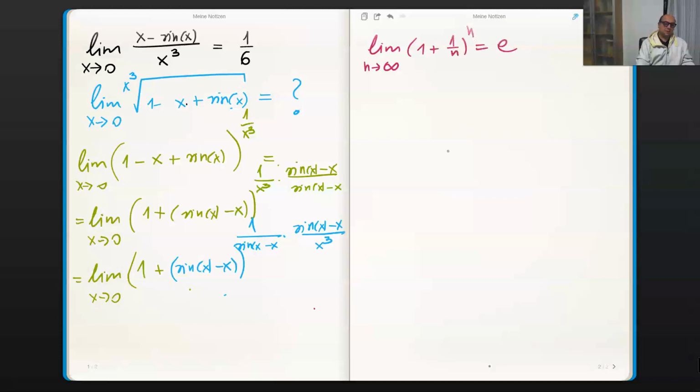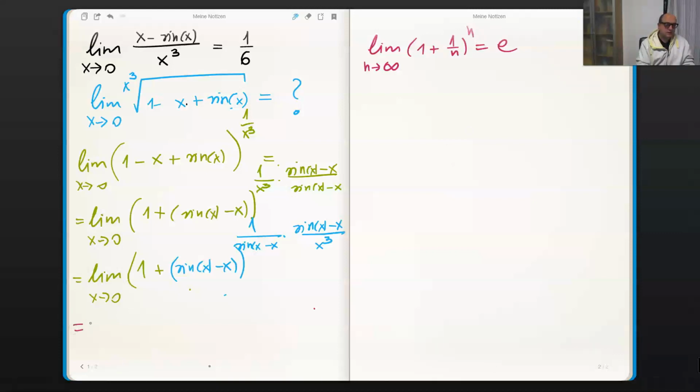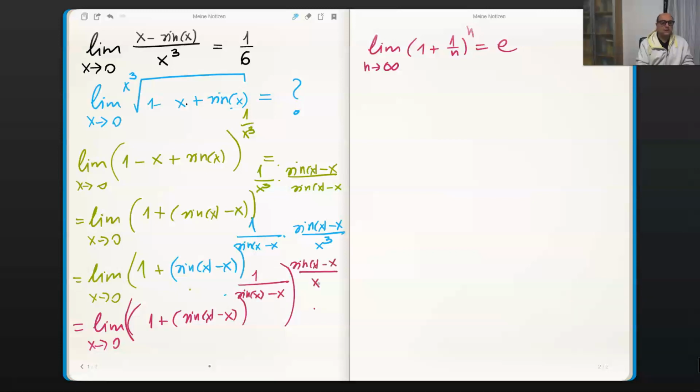So let's see what's happening here, all right? We'll see in a moment, but let us write it down this way. This is the limit x towards 0 of (1 plus (sine of x minus x)) to the power of 1 divided over (sine of x minus x), and then we have the total expression to the power of (sine of x minus x) divided by x cubed.